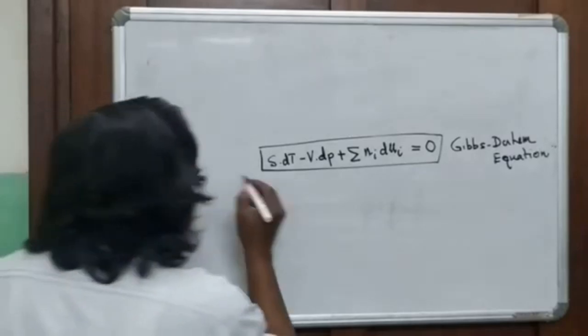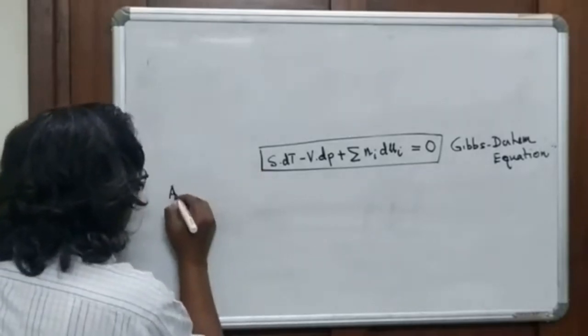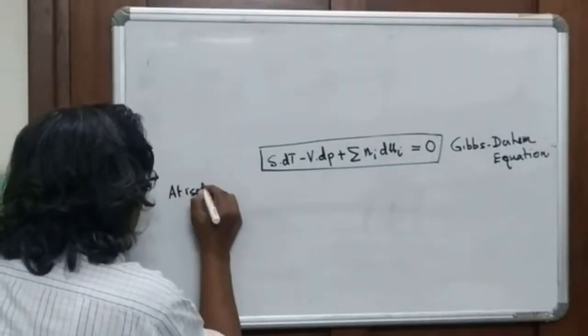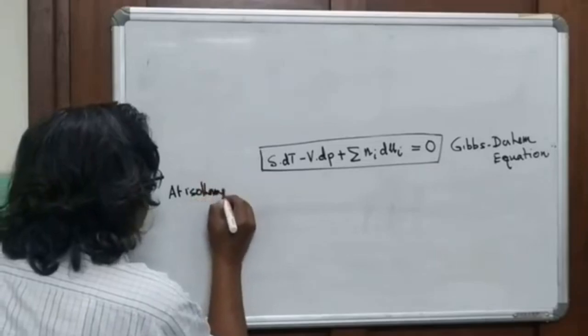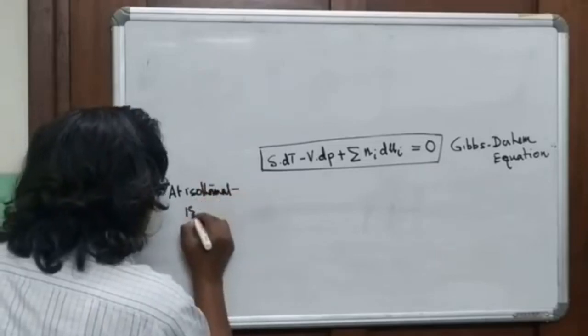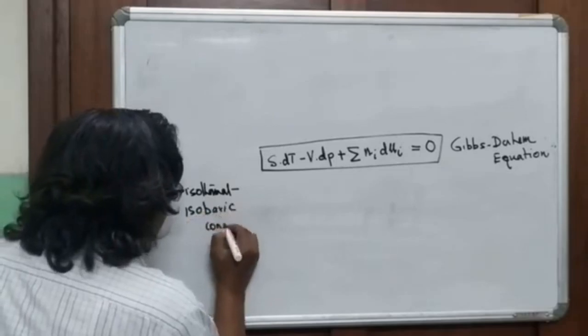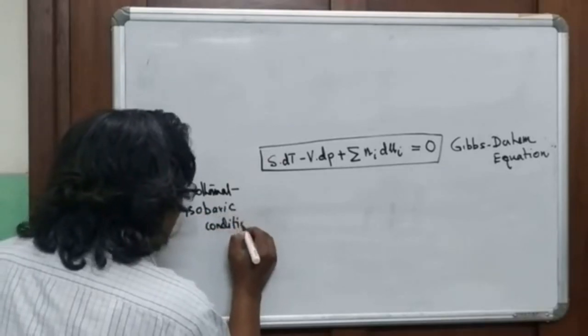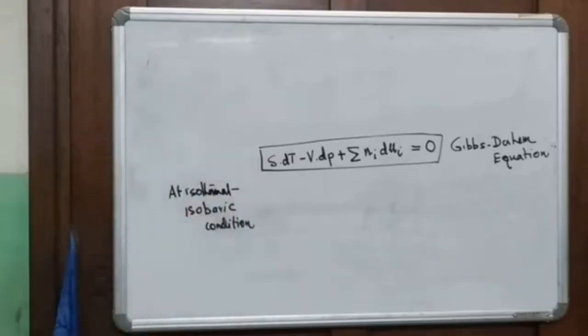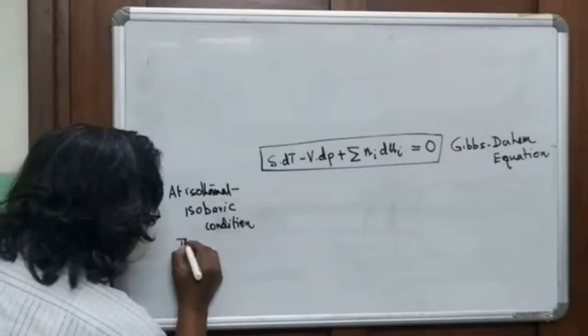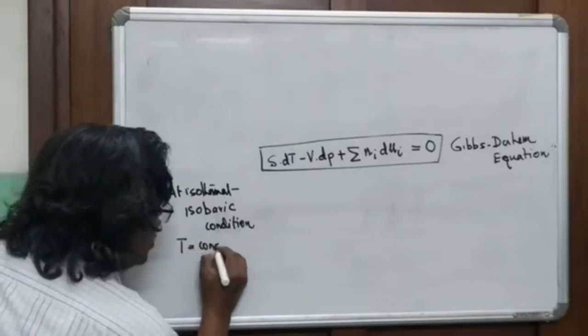Now, at isothermal isobaric condition, what does that mean? That means T is a constant because it's known.